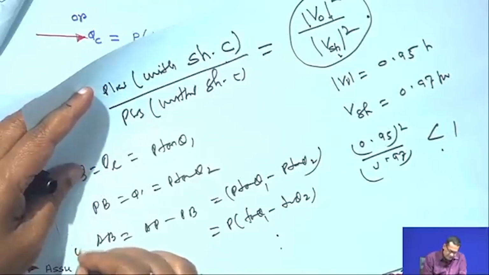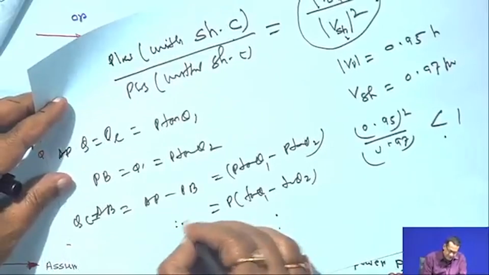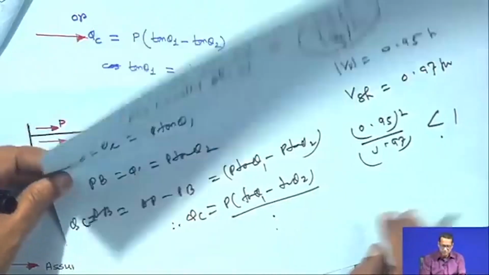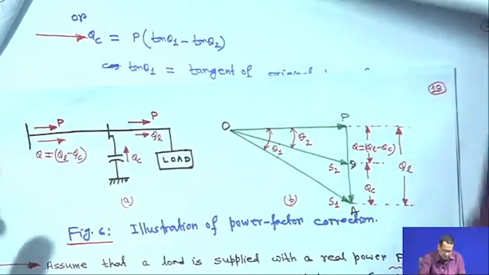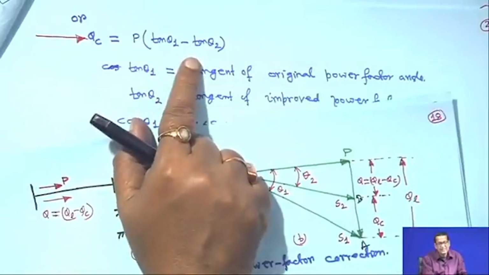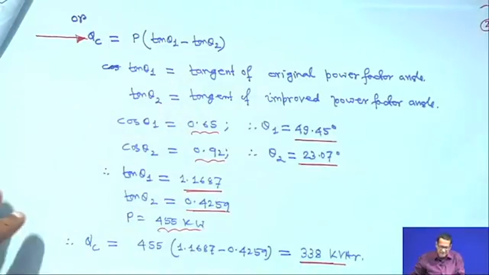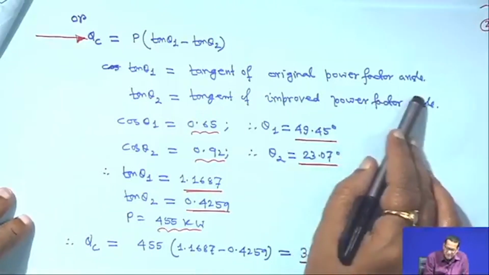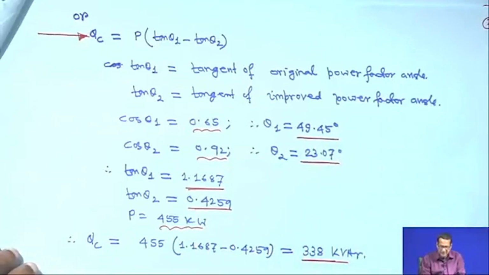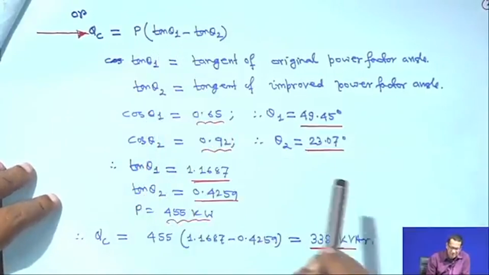This is actually QC. Therefore, QC is equal to P tan theta 1 minus P tan theta 2. That is why in this equation we write QC equal to P tan theta 1 minus P tan theta 2, where tan theta 1 is the tangent of the original power factor angle and tan theta 2 is the tangent of the improved power factor angle. So, apart from the earlier formula, this one you can also use, right.